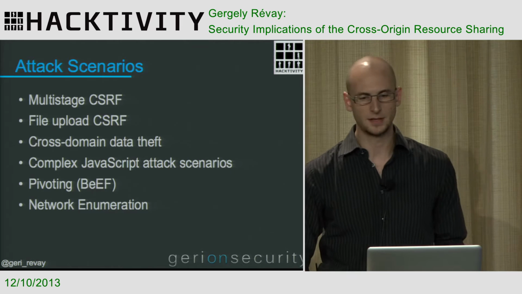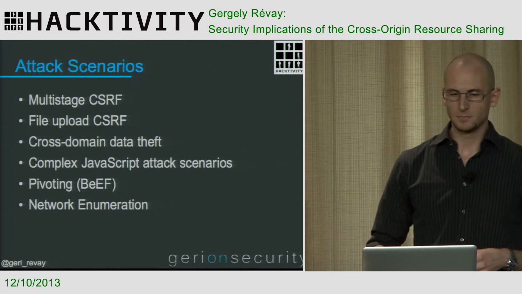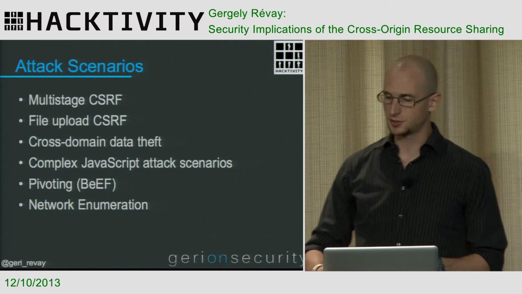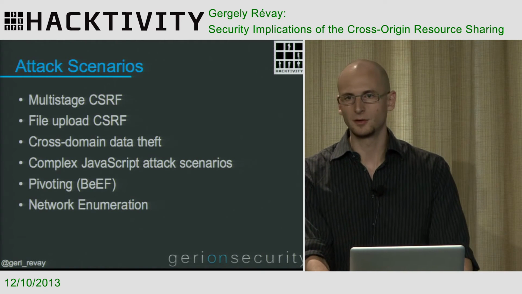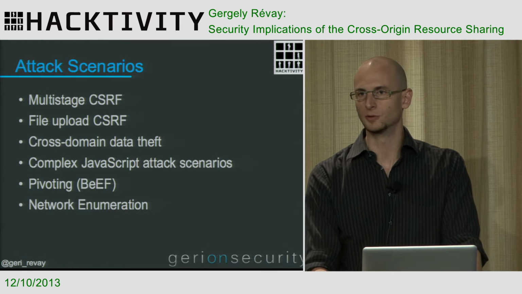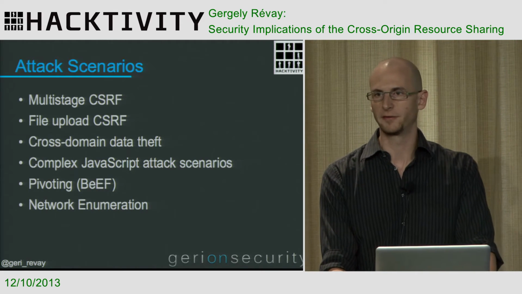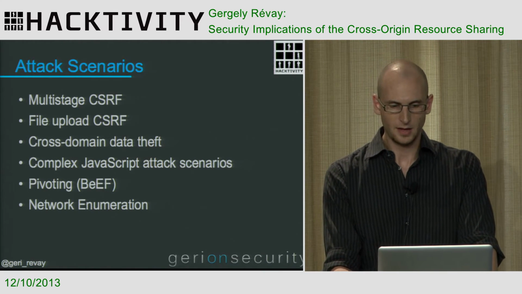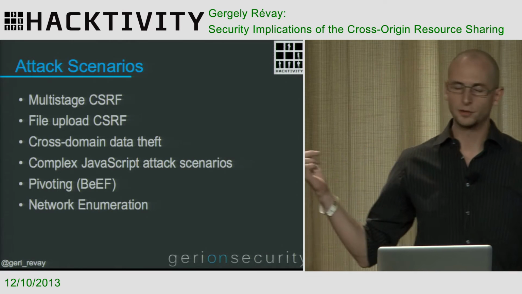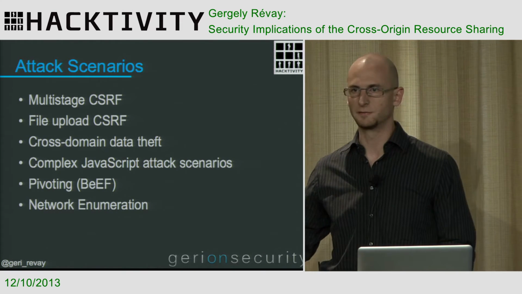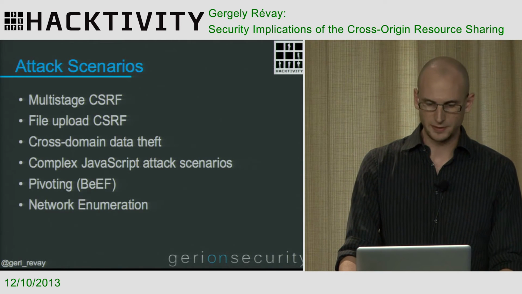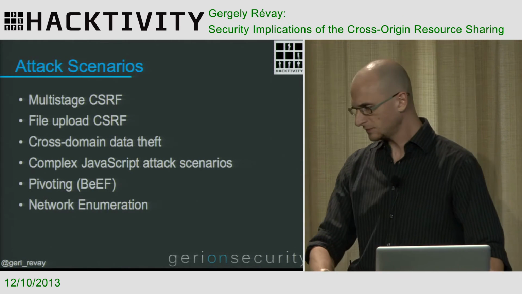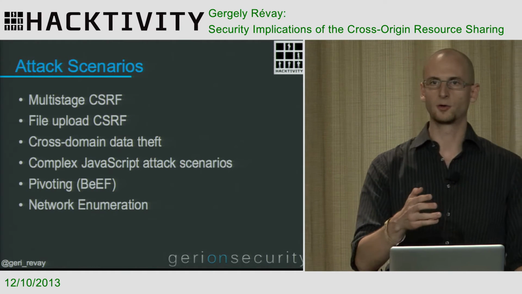Complex JavaScript attack scenarios. As I explained in the multi-stage CSRF, with JavaScript you can essentially have a really strong tool to do stuff on the client side. And for instance, probably you know the browser exploitation framework, BeEF. It runs in JavaScript, and BeEF also exploits CORS.